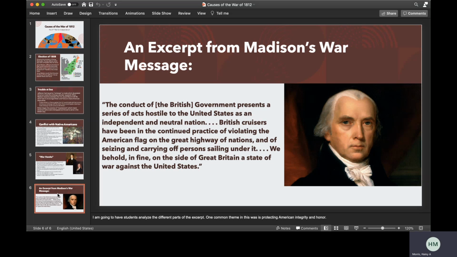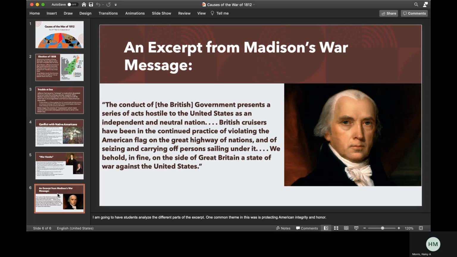So just a quick little analysis of this blurb to kind of understand what he's talking about. He says, British cruisers have been in the continued practice of violating the American flag on the Great Highway of Nations. What could the Great Highway of Nations be? What's an area commonly shared amongst nations? The sea, right?